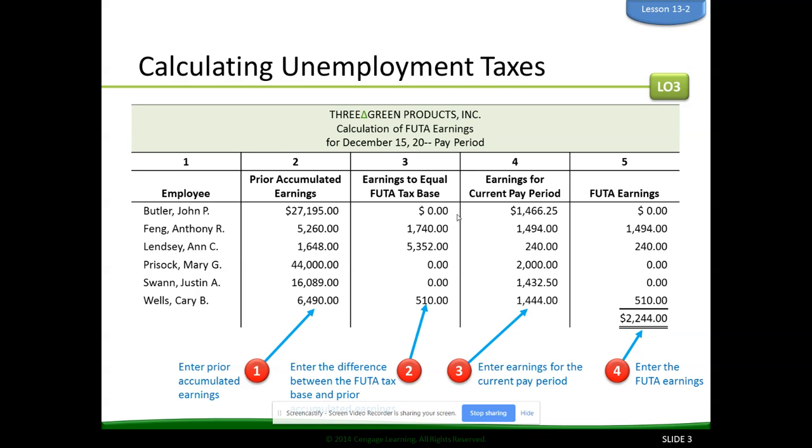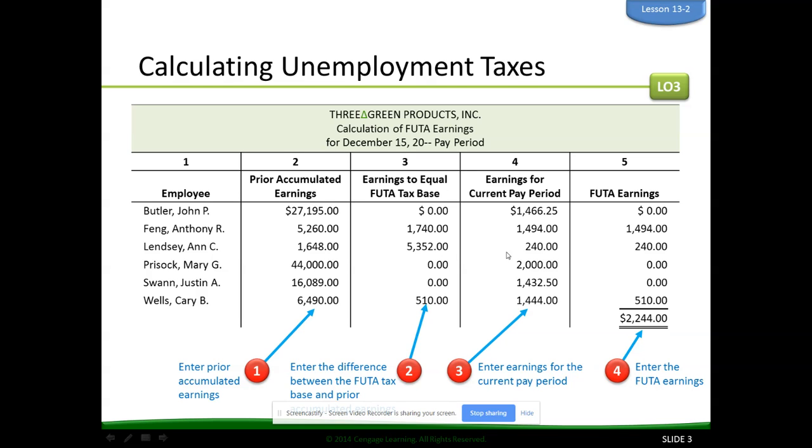So then column 4 shows you their current earnings. And then we're going to compare column 4 to column 3. So column 3 was 0, so this is 0. Column 3 is 1740. They made 1494, so that entire amount is taxable. Here they only made 240.